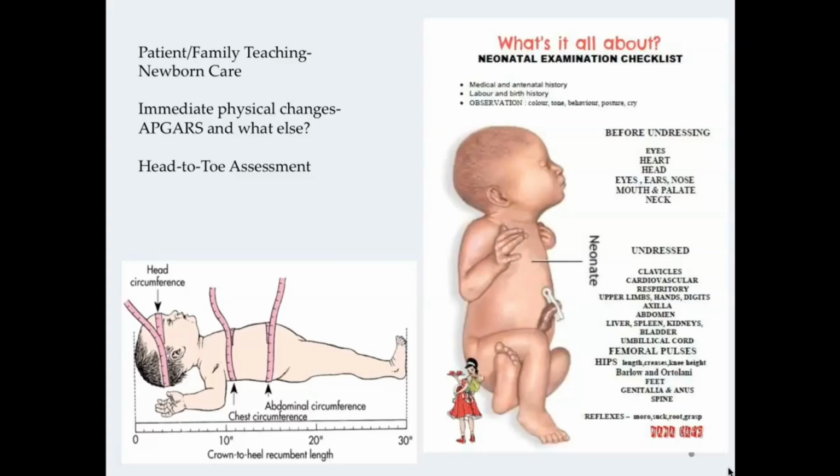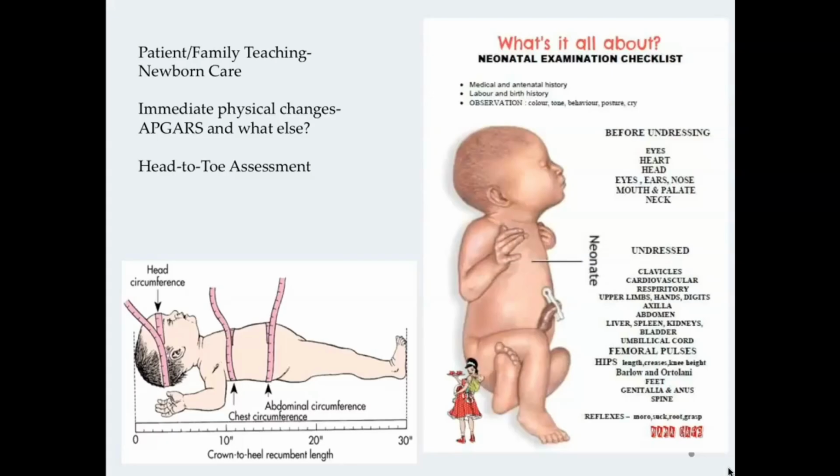So one of the very first things you assess immediately following delivery, and we've already talked about this before, prior to your head to toe, is your APGAR score. So besides breathing and heart rate, what is the other number one thing to determine fetal well-being? That is part of your APGAR score. This has to do with muscle tone.